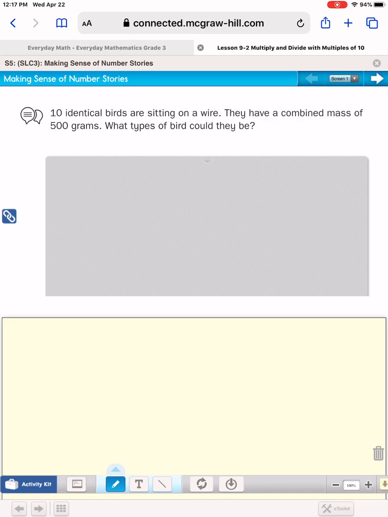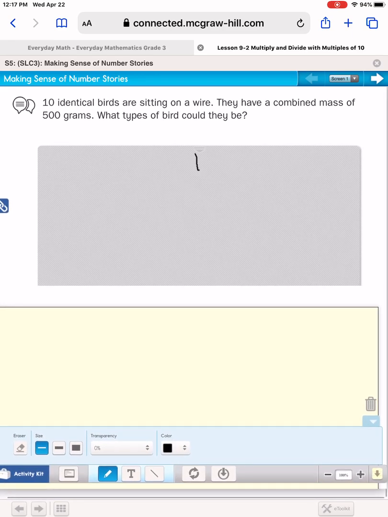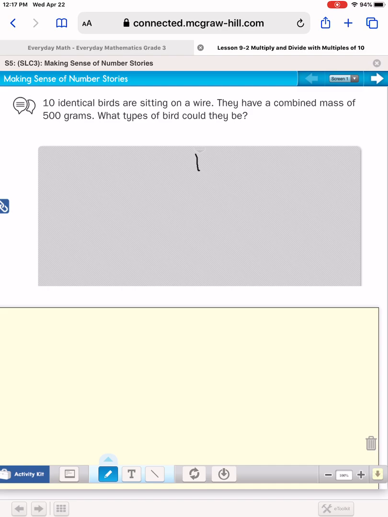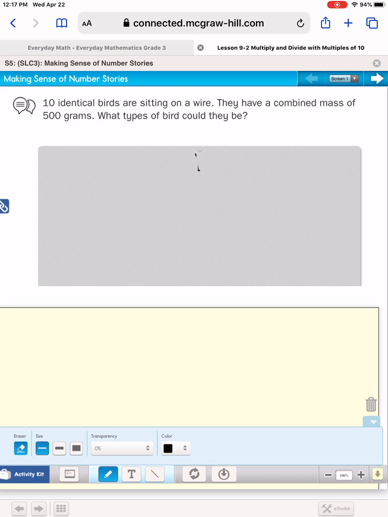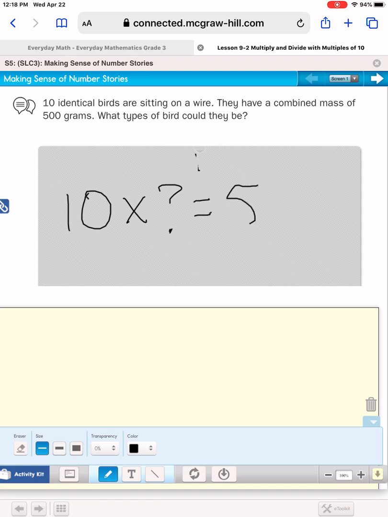So if I put that into a diagram, I could say that 10 times some number equals 500. 10 times some number equals 500.